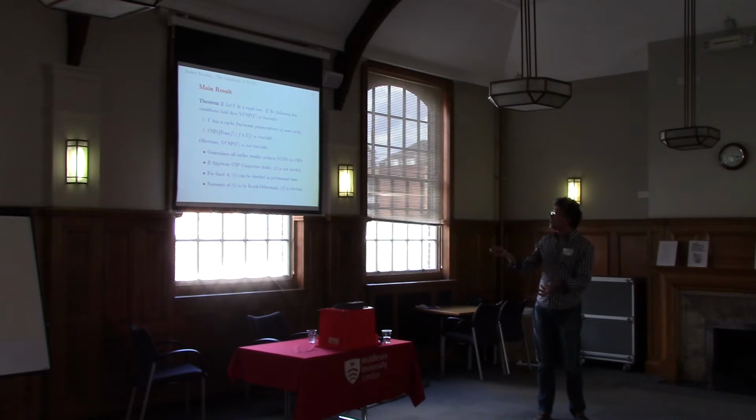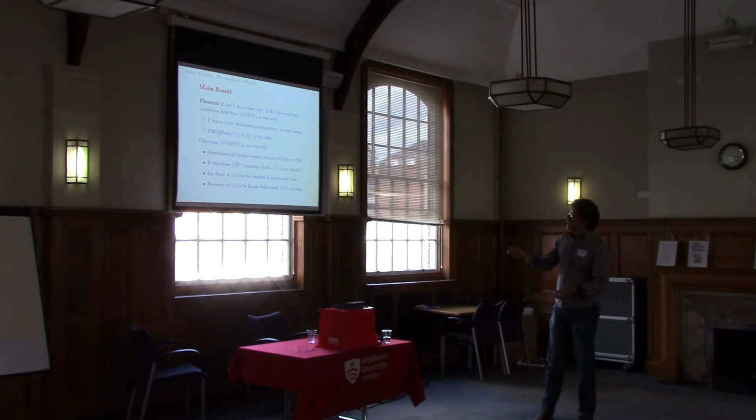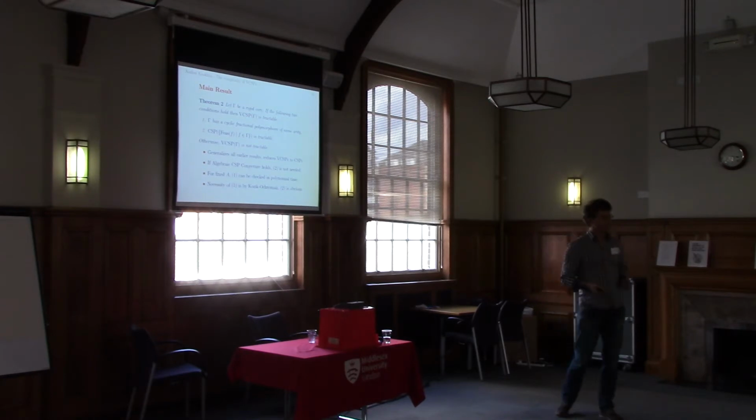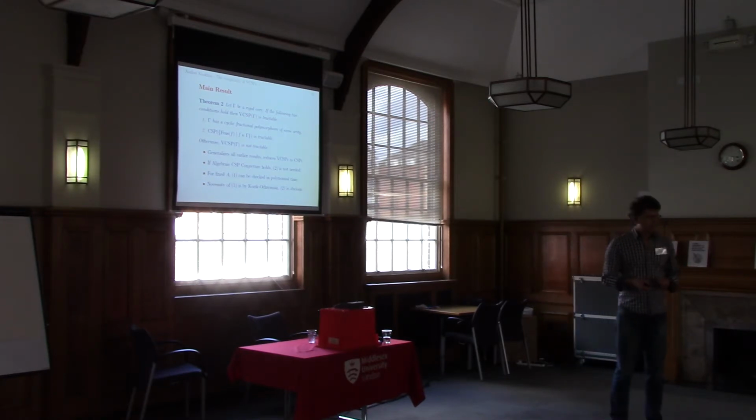So you can solve the feasibility problem. If these two conditions hold, then your VCSP of gamma is indeed tractable. So basically, if you can find a feasible solution in polynomial time and you satisfy this, then you also can find an optimal solution in polynomial time.